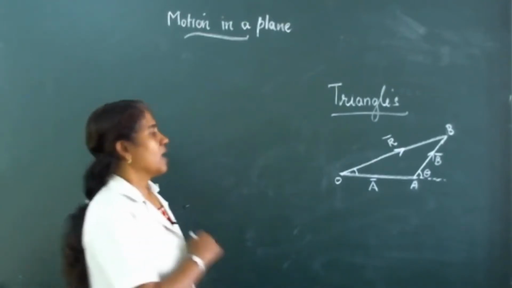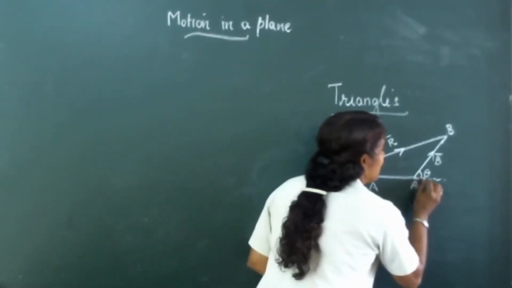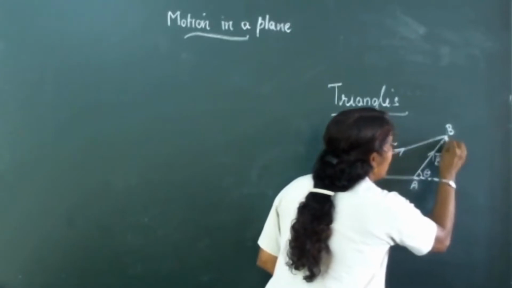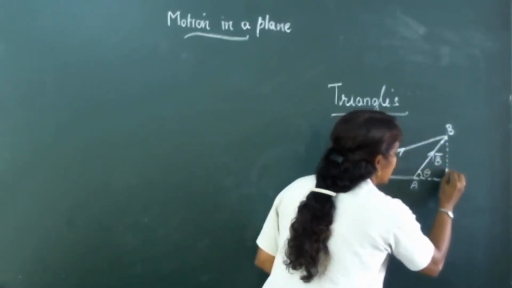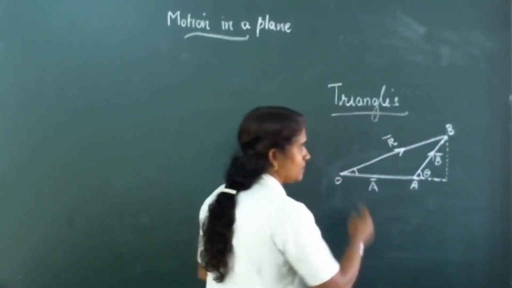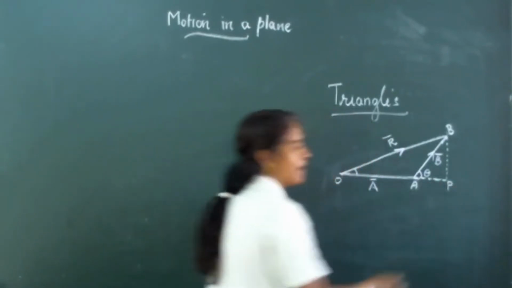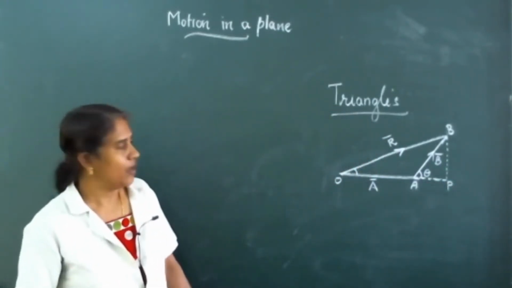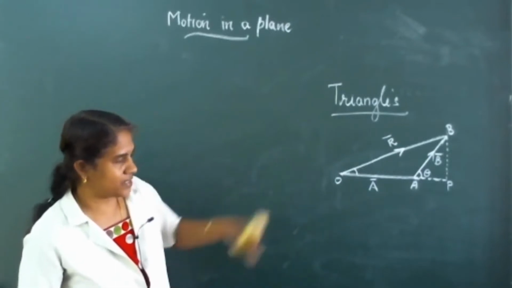Let us complete this triangle by extending the direction of vector A, and name the point P. OAB is the triangle.